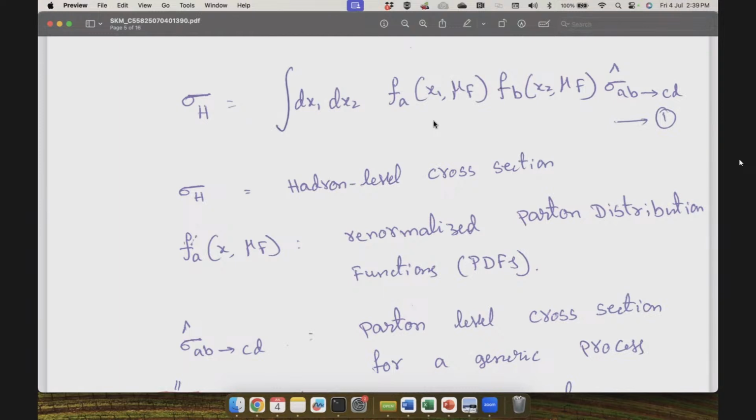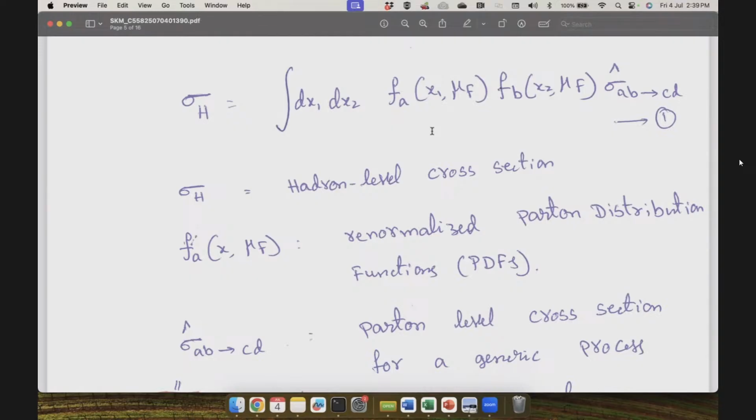So the initial state collinear singularities, there is no other way except to absorb them into any of the known bare quantities. In this hadron level scattering process, the bare parameters are the Parton distribution functions.